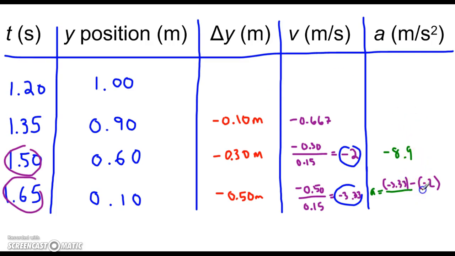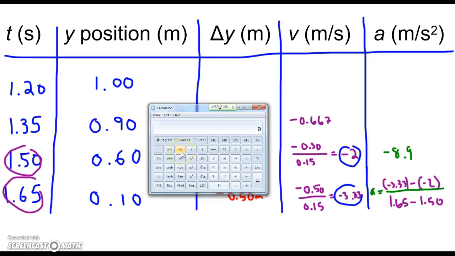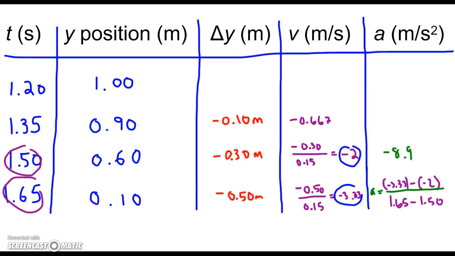And you divide by how long it took to make that change, which was, the final time was 1.65 seconds, minus the initial time, which was 1.50. So again, it's 0.15 in the denominator. And what do we get? Negative minus a -2, which is plus, and then you divide by 0.15. It's the same thing. Wow, that's pretty cool.